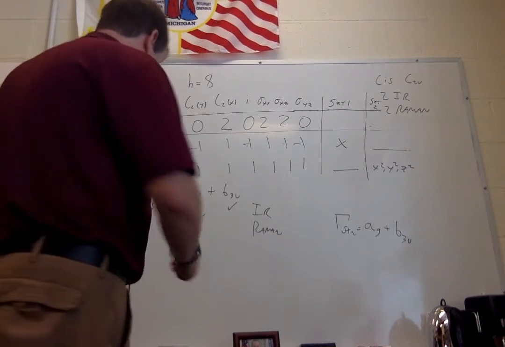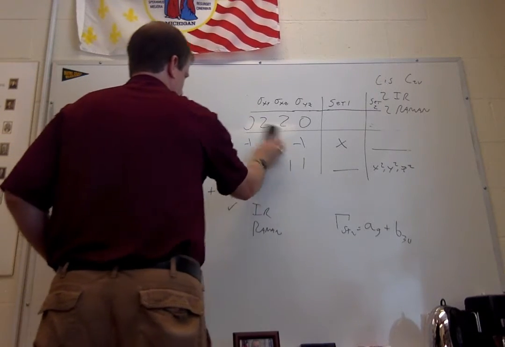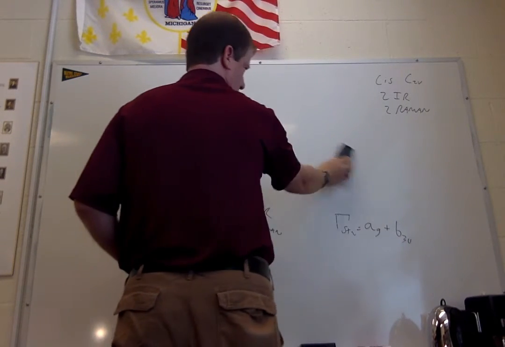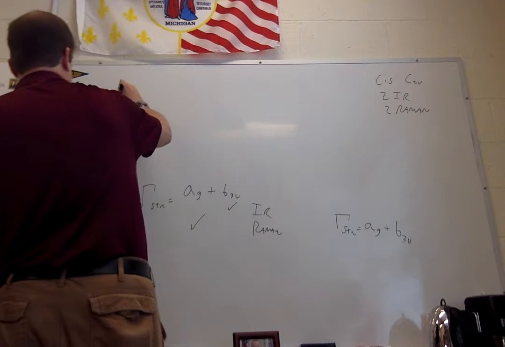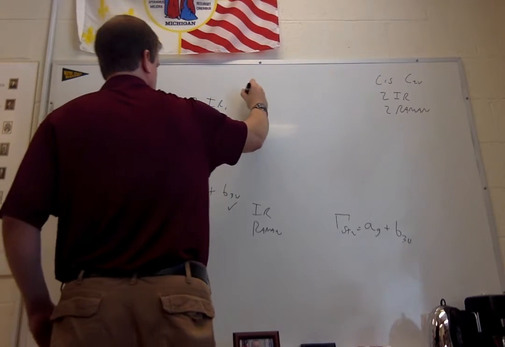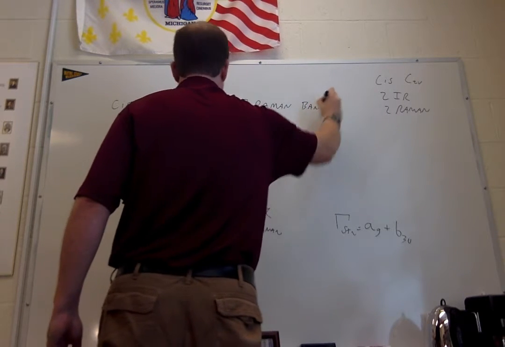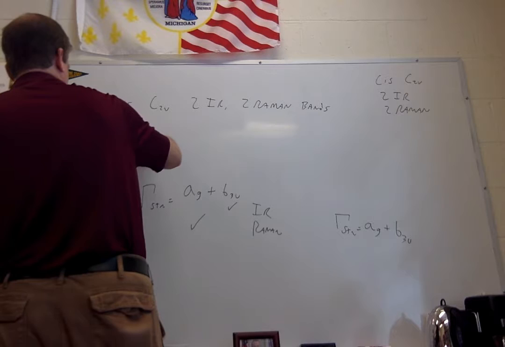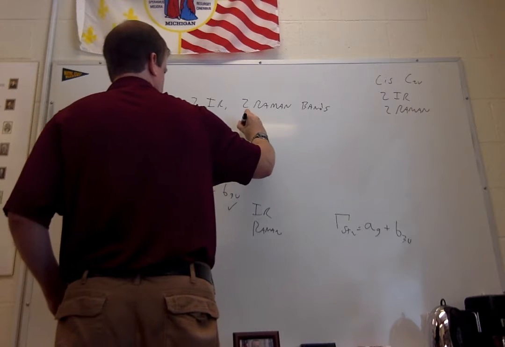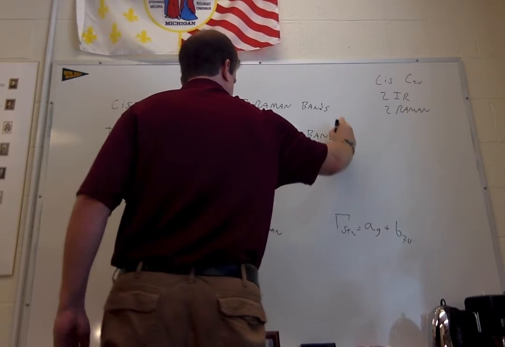And so after all of that, here's our conclusion. The cis isomer, which is C2V, has 2 IR and 2 Raman bands. The trans isomer, which is D2H, has 1 IR and 1 Raman band.